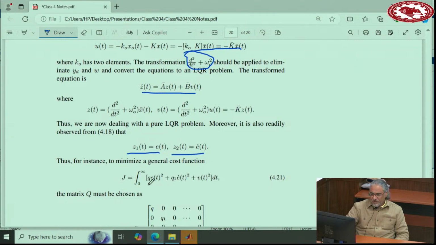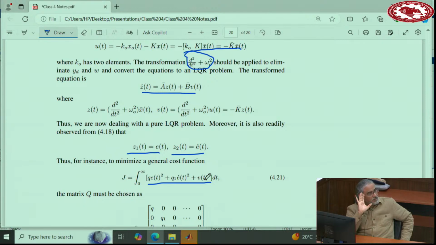So you can minimize this cost function, a great cost function, because it has the tracking error in it. You minimize that. It has variations of the tracking error. It gives you more freedom here because the controller is order 2, and also the energy of the variations of the control input.